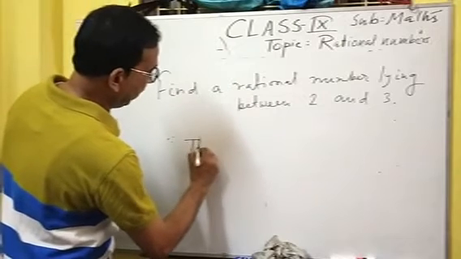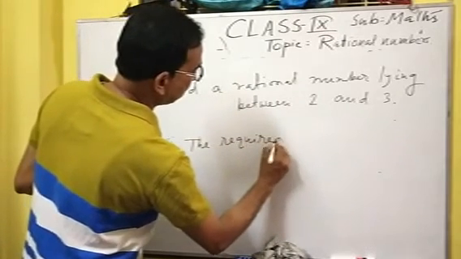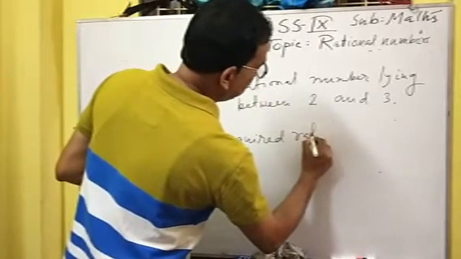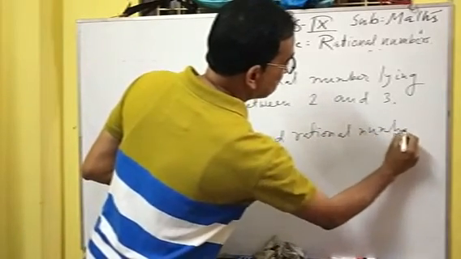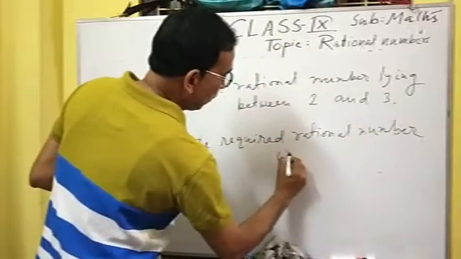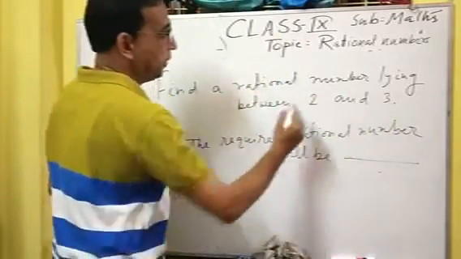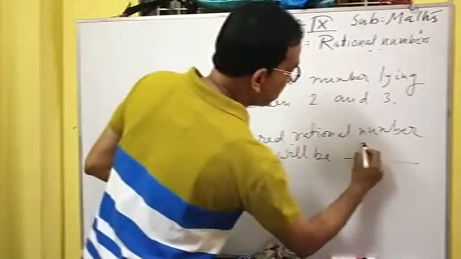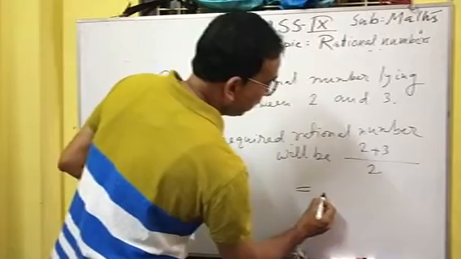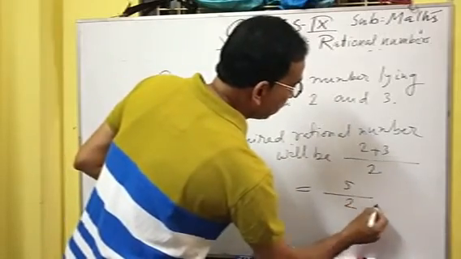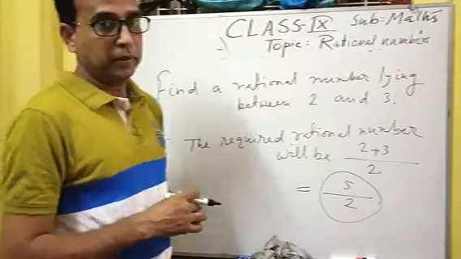The required rational number will be, at first we add these two numbers, 2 plus 3, and divide by 2, that is 5 by 2. This is the required answer.